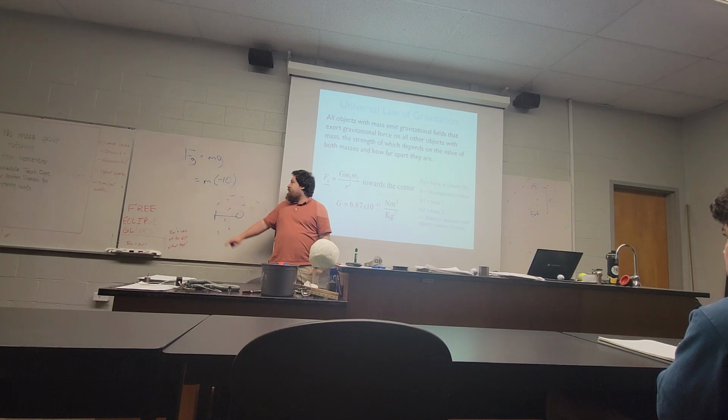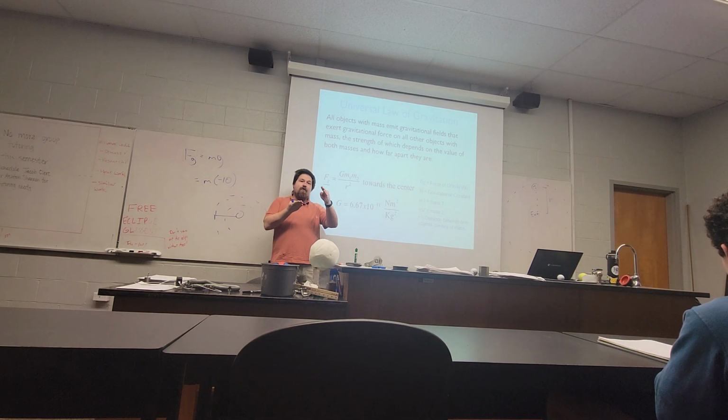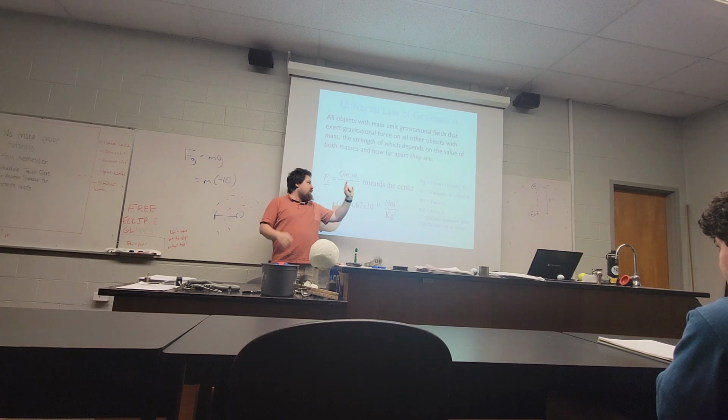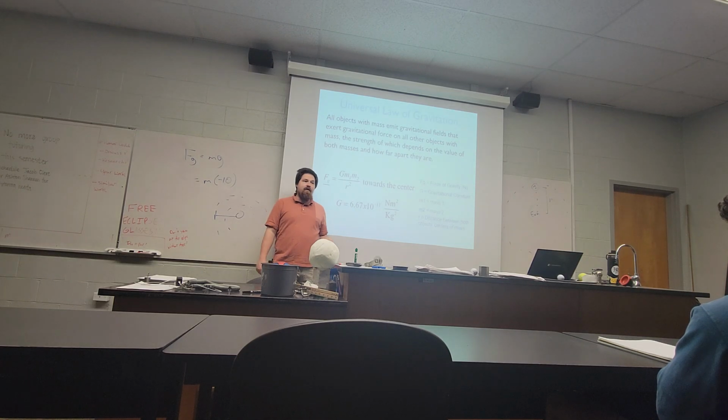This is why that 10, that strength of gravity we're used to, only works on the surface of planet Earth. If you get further away from Earth's core, you're changing that value, and therefore you're changing the strength of gravity on you. If you get closer to Earth's core, you change this value, and therefore you're changing the strength of gravity on you.